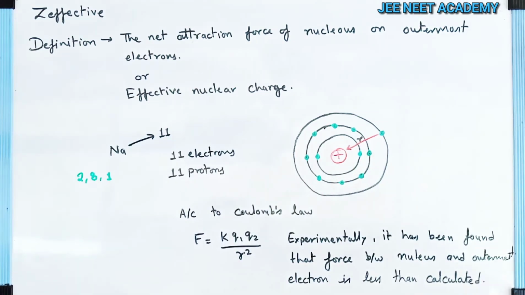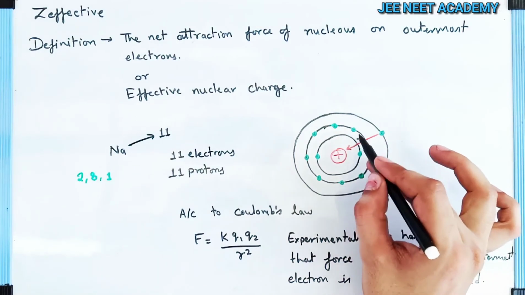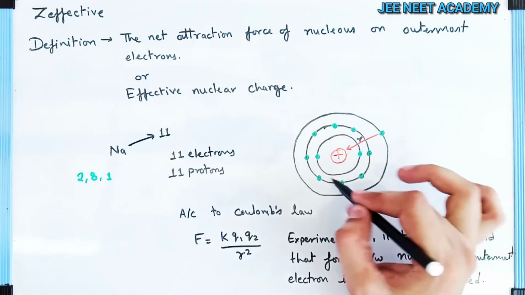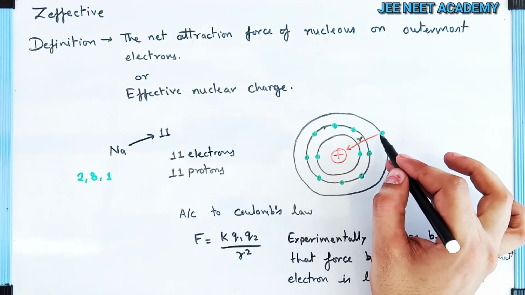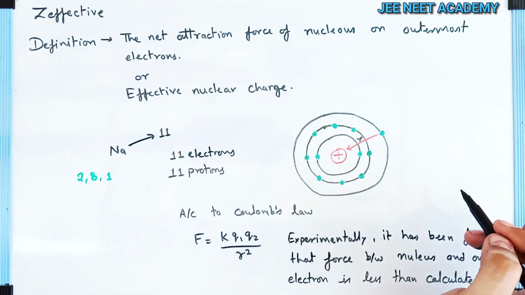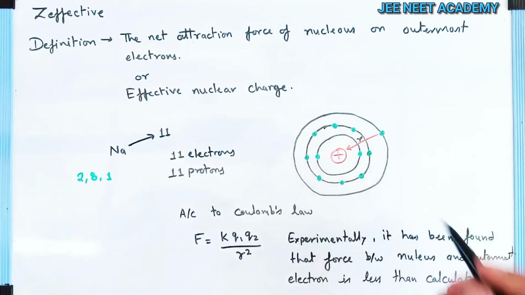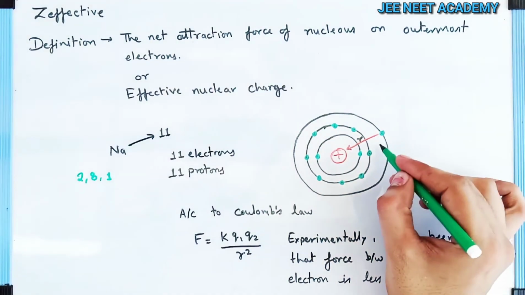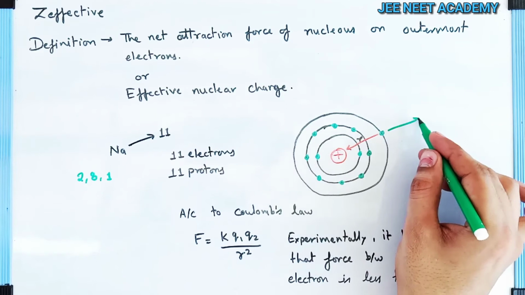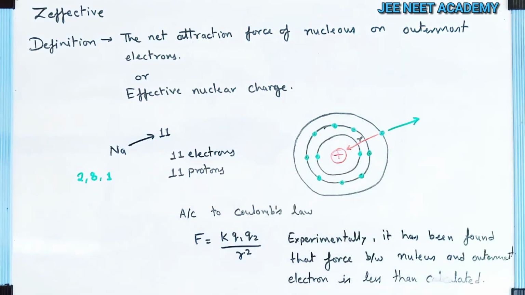This is happening because the electrons in the inner orbits will repel this electron, outside the atom, while the nucleus is attracting.